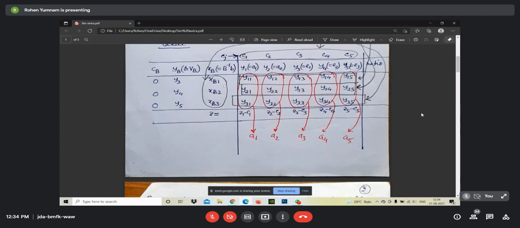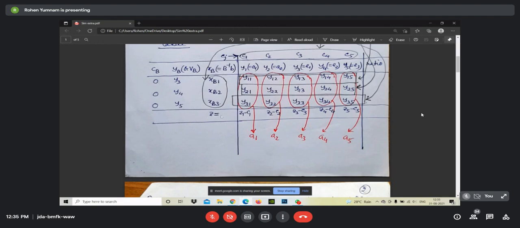Sorry, I made a mistake. These are to be calculated. These values will multiply with these values: CB and the XB you have to multiply. 0 with XB1, 0 with XB2, 0 with XB3, and then add.